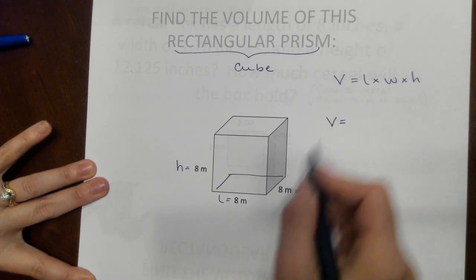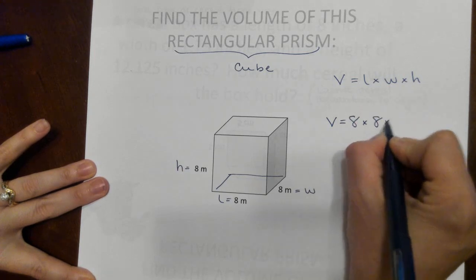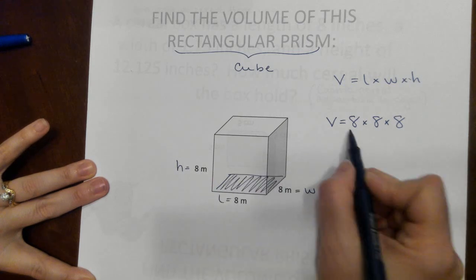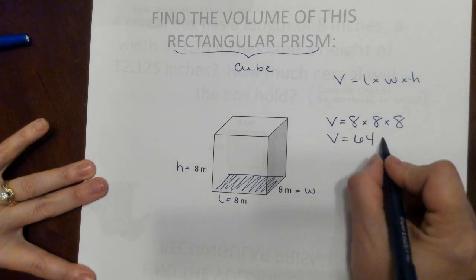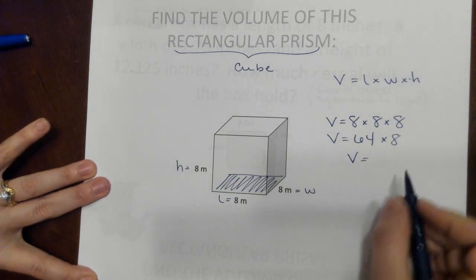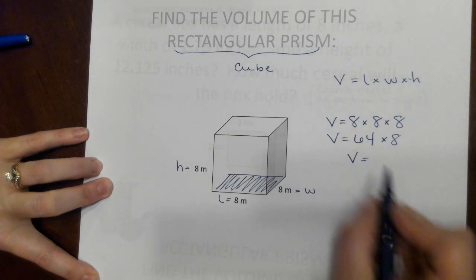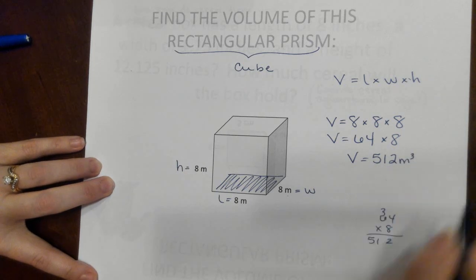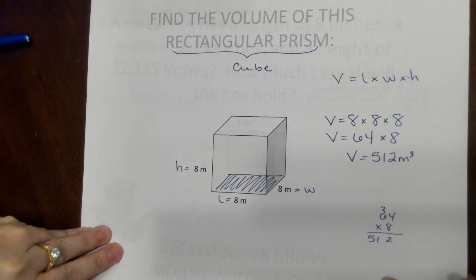So substitute, plugging in L, W, and H. Area of the base, we know is 64. 64 times 8. We come up with 512, and it's meters cubed. Good job.